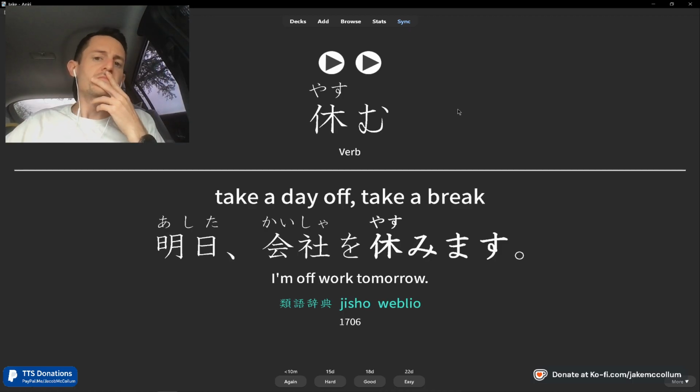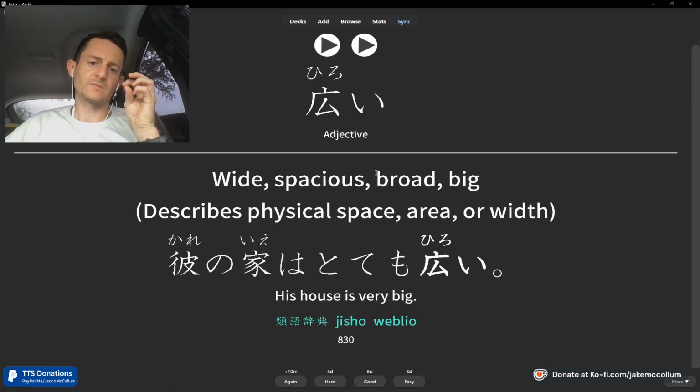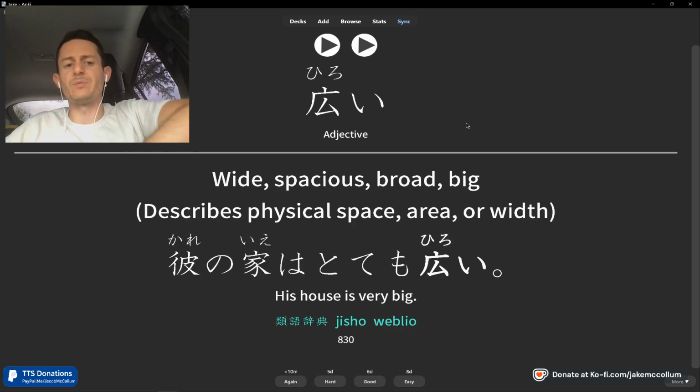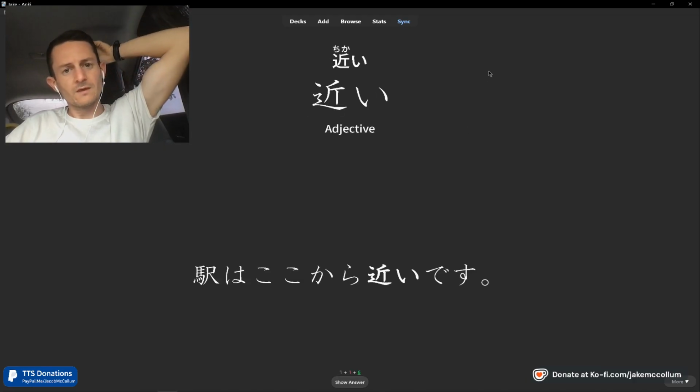Yasumu, to take a break, take a day off. Good. Hiroi. Hiroi means wide, measurement wise. 広い。彼の家は… Wide, spacious, broad, big. Describes physical space, area, or width. Good.